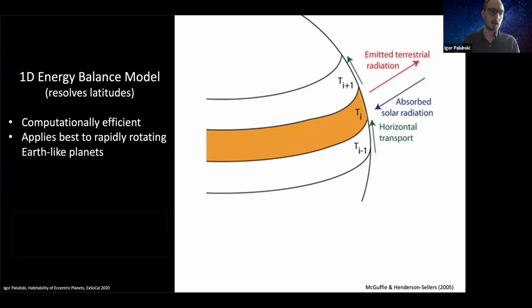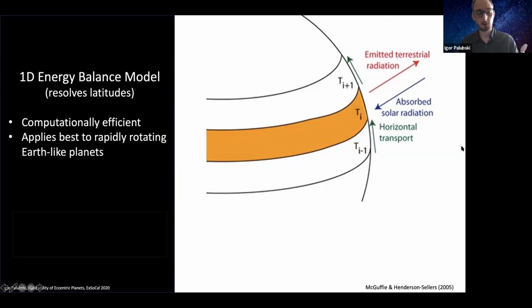Finally, relative to the three-dimensional, fully convective global circulation models, this set of models are less complex, but also faster and more computationally efficient, which is an advantage we exploit here by exploring a very large region of parameter space, as you'll see on the next slide. And finally, the thing about energy balance models is that in general, they do not include the runaway greenhouse effect.